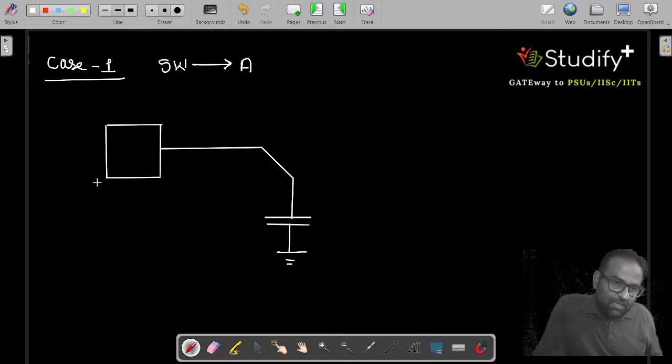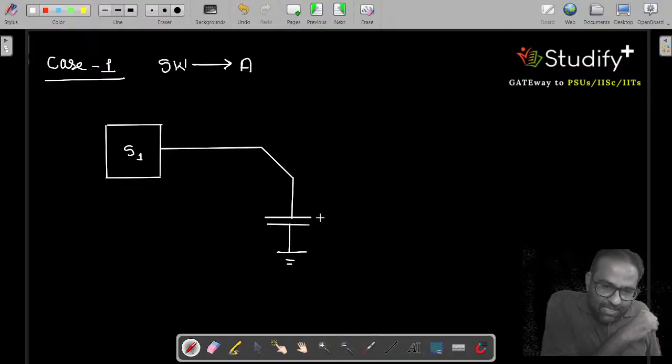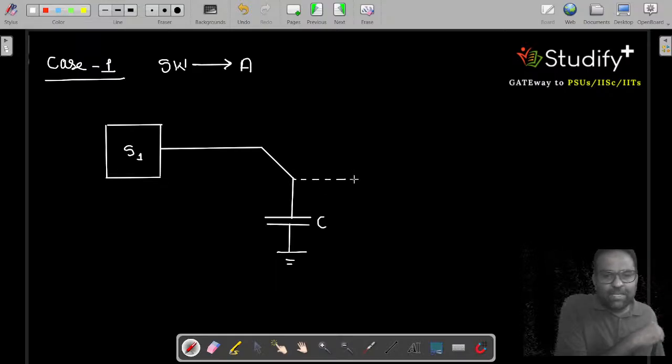This is source number 1, and my switch is connected to position number A. In steady state, how will this capacitor act?